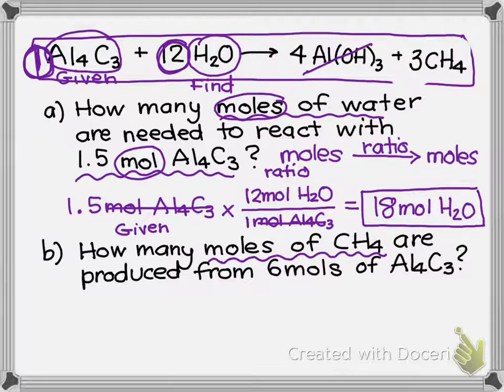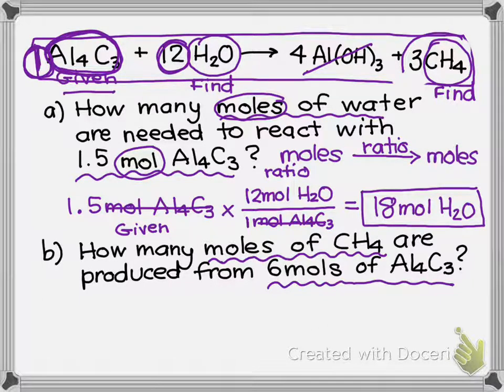Okay. So looking at it here, moles of methane. So now this up here, the methane, is what I want to find, and are produced from 6 moles of aluminum carbide. So again, in this case, my aluminum carbide over here is what was given, and that's just a coincidence here. So I know, again, I'm thinking to myself, okay, moles to moles is that's the mole ratio.